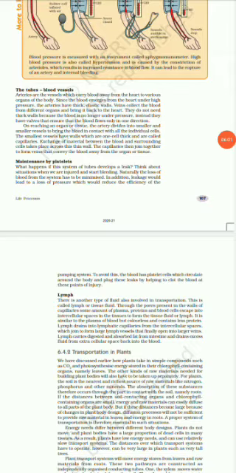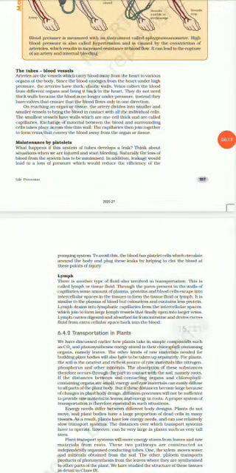Platelets will minimize any loss of blood that occurs in case of a wound. Loss of blood reduces the efficiency of the pumping system because there is a loss of pressure. To avoid this, the blood has platelets which circulate around the body and plug these leaks by helping to clot the blood at these points of injury.